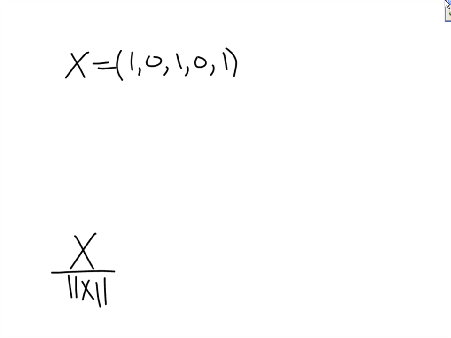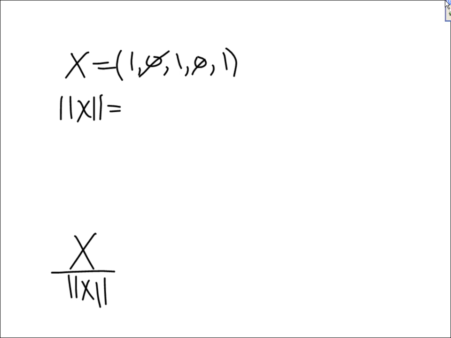So if x is the vector 1, 0, 1, 0, 1, we want to find a unit vector in the same direction as x. So how you do that is you just compute that. So I need to know the length of x.